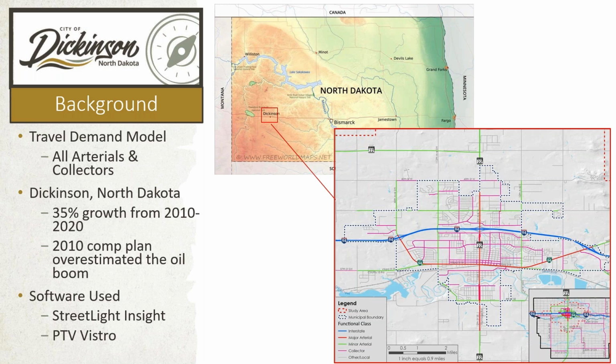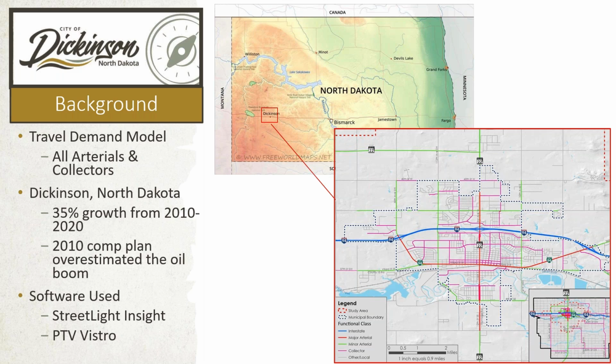So with this comp plan, we really wanted to look at more of a measured approach and specifically development-based forecasting for this model so that we could better react to specific developments and what those developments would cause for roadway growth. So Dickinson has seen about a 35% growth in that 2010 to 2020 timeframe.